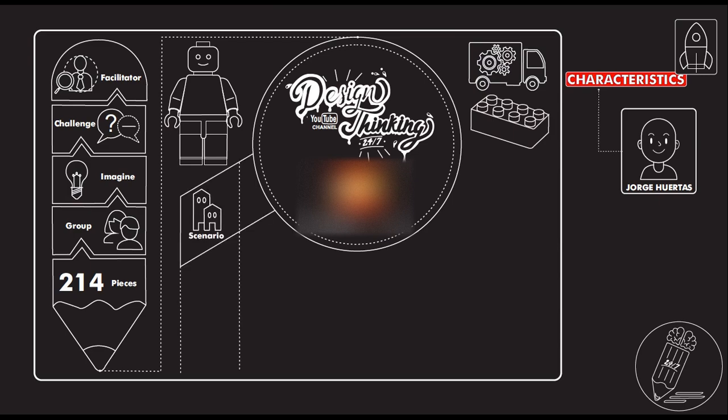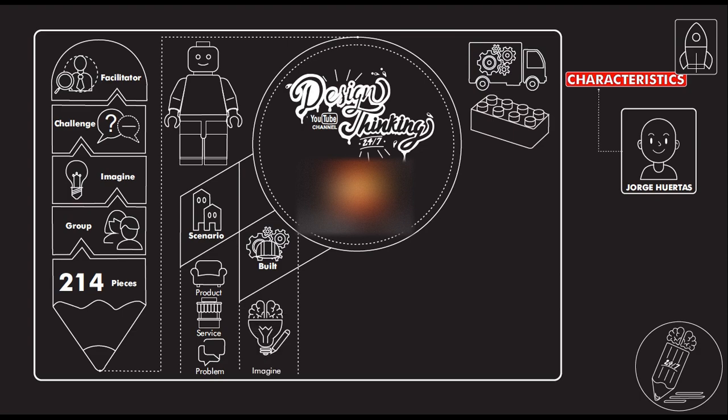So after you get the challenge, the whole group will get together, and the first thing that you have to do is understand the scenario. The scenario could be a product development, a service development, or trying to fix a determined problem situation. After you know that, you start building.